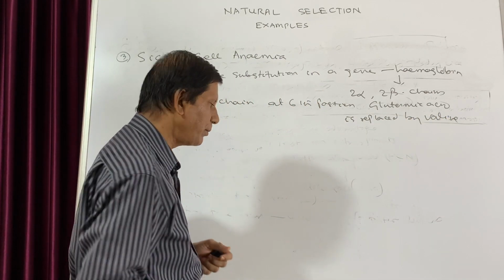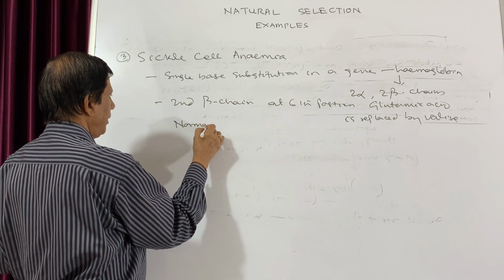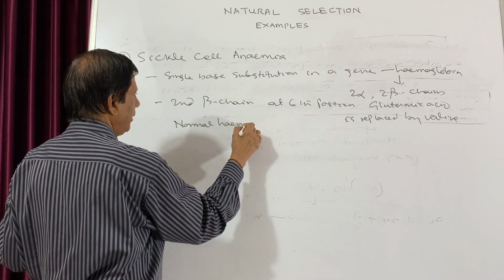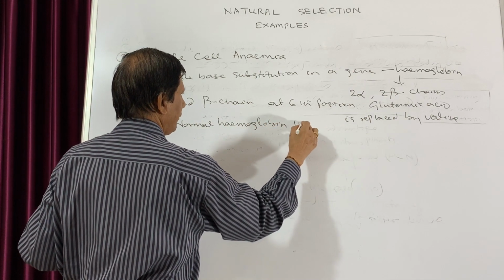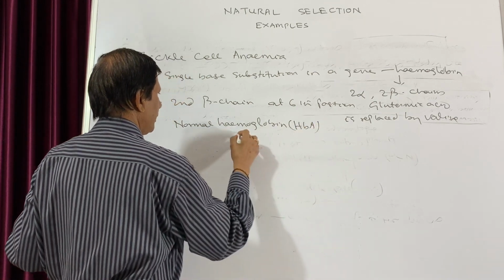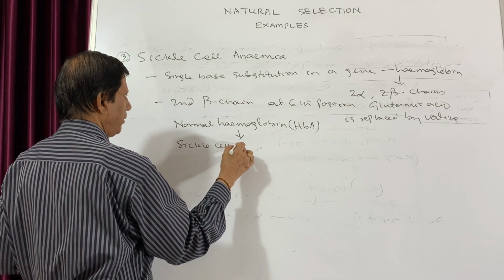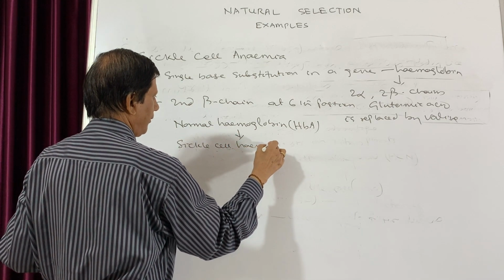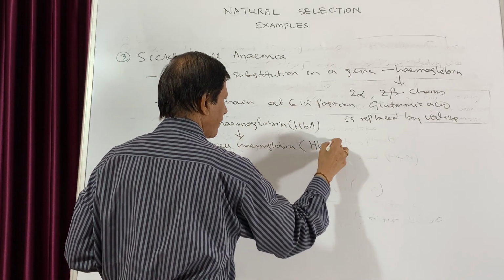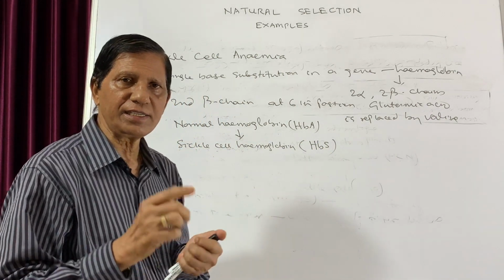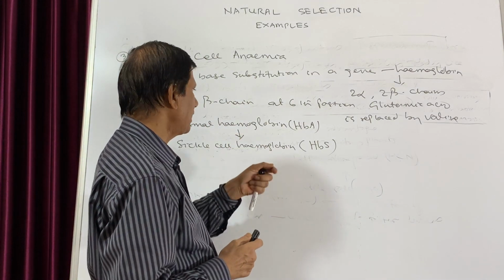As a result, what happens? The normal hemoglobin changes to sickle cell hemoglobin. That means as a result of a single change in the nitrogen base, the normal hemoglobin is changing to sickle cell hemoglobin.